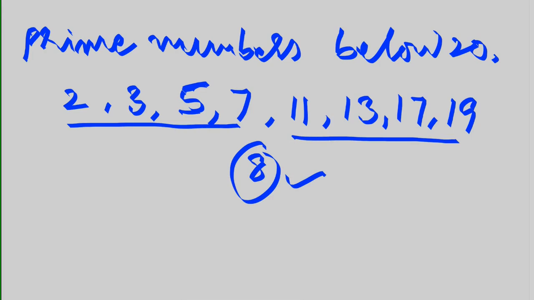And up to 100, below 100, a total of 25 prime numbers are there. So how to find these prime numbers? Here we have one method, the Sieve of Eratosthenes, which we learn in the 6th class.